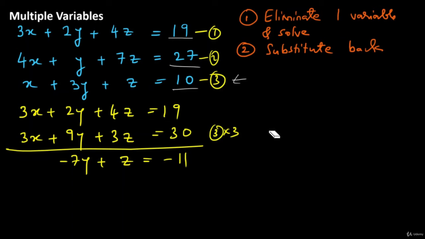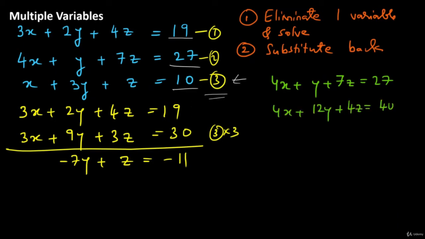Now over here I have equation 2, which is 4x plus y plus 7z is equal to 27. Now let me take equation 3 and multiply the left hand side and right hand side with 4. So I get 4x plus 12y plus 4z is equal to 40. Alright, now let's subtract a minus b. So over here 4x minus 4x.